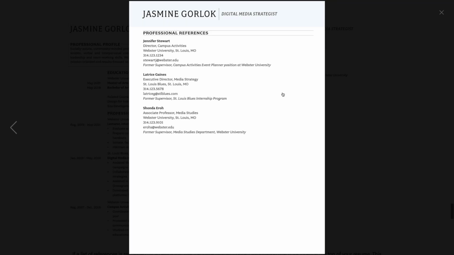So thinking about who you want to serve as your top reference at the very top, who's going to have the most exposure to having a firsthand view of your skills and qualifications, and then following with any other references that are going to be listed in that format will ultimately be the order that they go through.